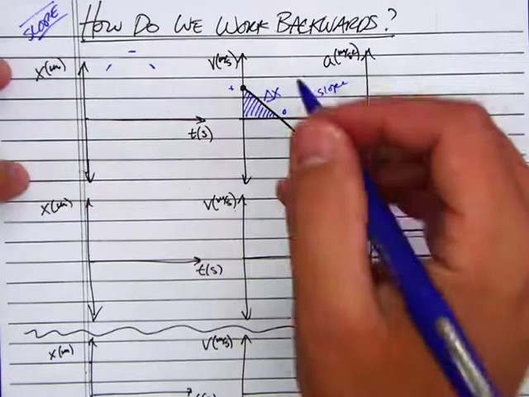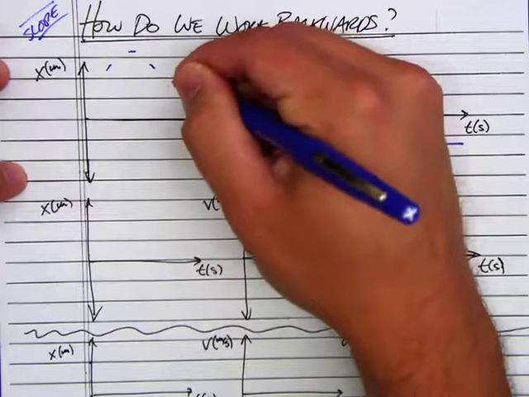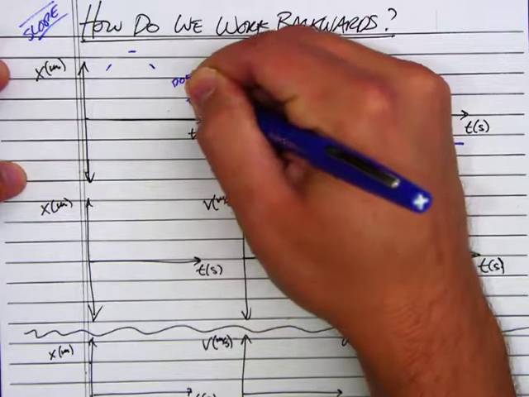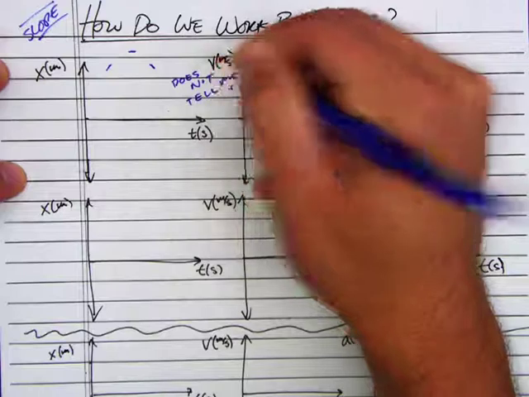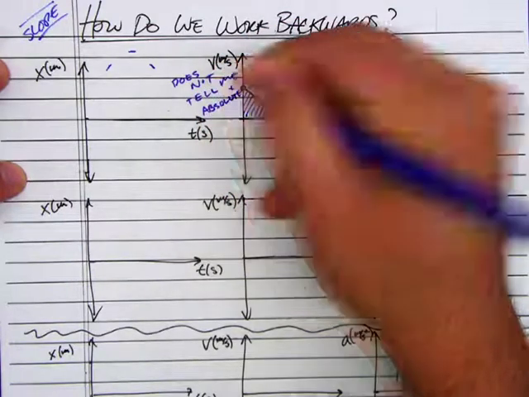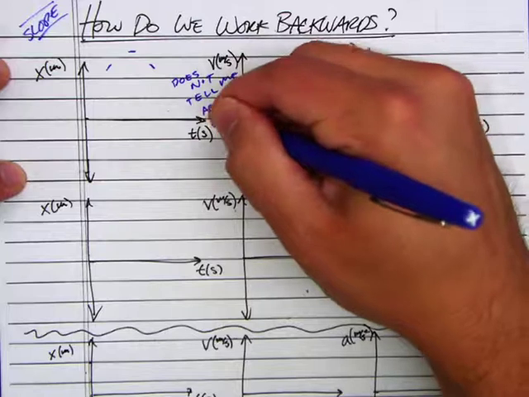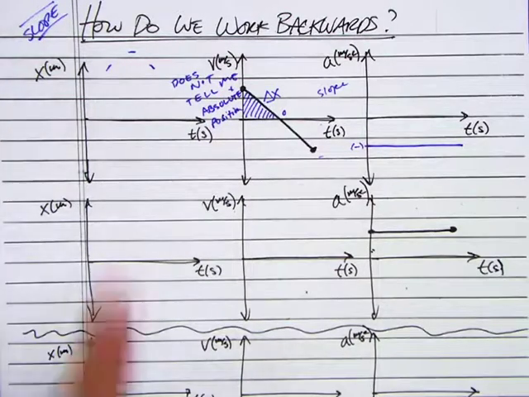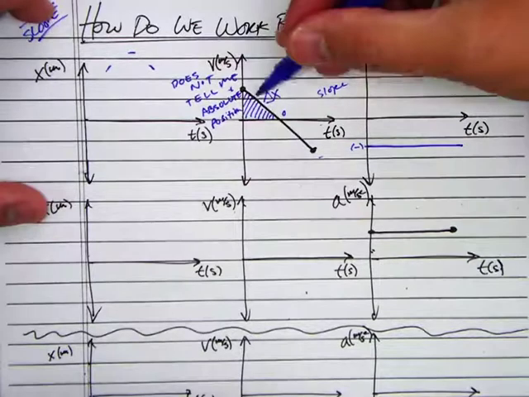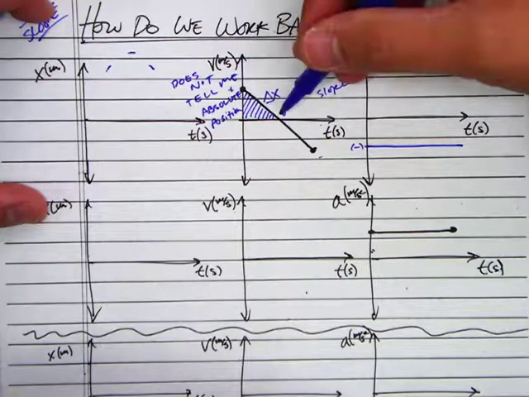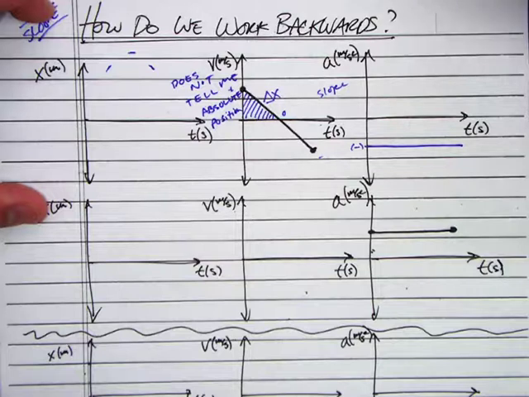What it doesn't tell me is absolute position. So I would have to provide some additional information to know exactly where this plot is going to be. I know how it changes over time. I can know the displacement from this graph and get a numerical value for that, but I don't know where it is.